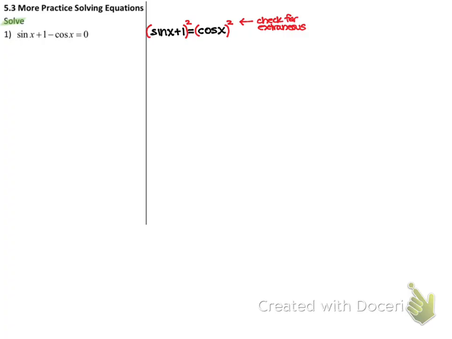So here's your quick little aside. These types of problems are similar to stuff from last year, where you would square both sides, which is all fine and dandy, but this actually, the right-hand side specifically, you just doubled the amount of x's that you had.